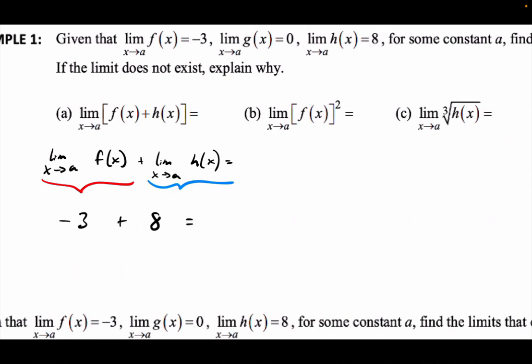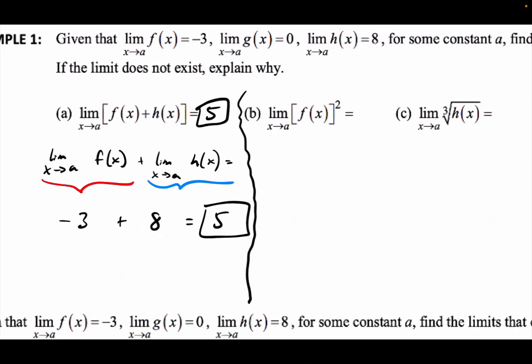Those are the limits individually. Add them together. -3 plus 8, +5. So the overall limit is +5. Okay? That's the addition. We do the same thing for subtraction. If that was subtraction, the only difference is instead of adding -3 and 8, we would just subtract them.